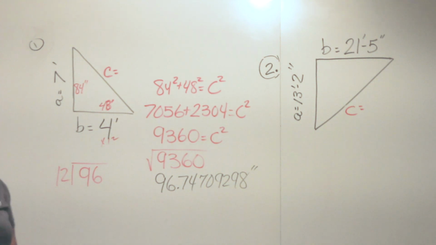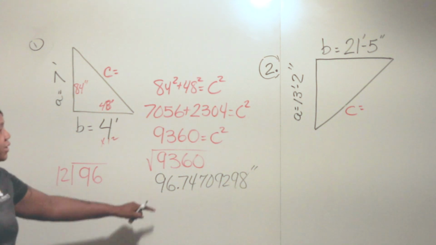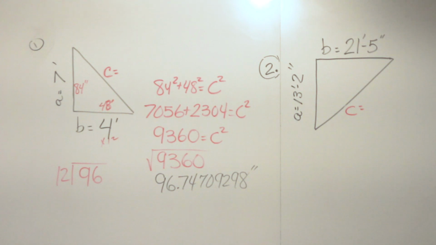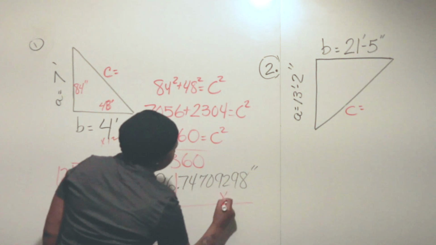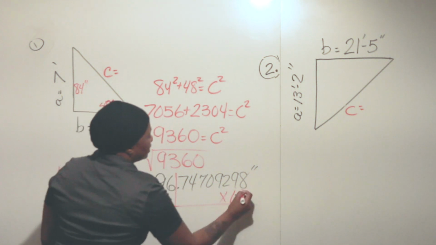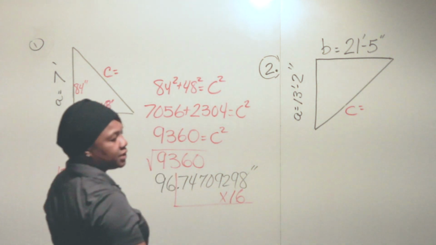All right? Next step. We dealt with that whole number of inches. What do we do next? Take the back end of that decimal point and multiply it by 16, to the nearest 16th of an inch.